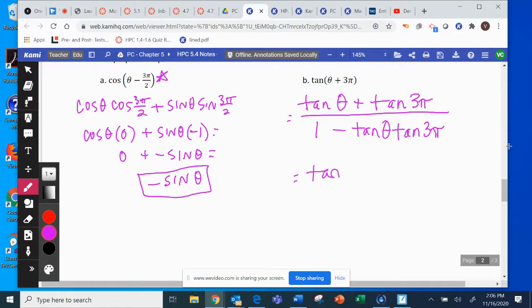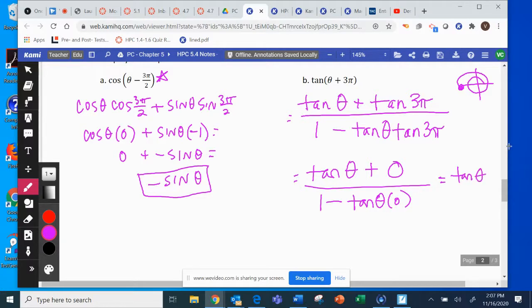So we've got tangent theta plus, does anybody know the tangent at 3 pi? It is 0. And then we do 1 minus tangent theta multiplied by 0. So I get tangent theta over 1, which is tangent theta.